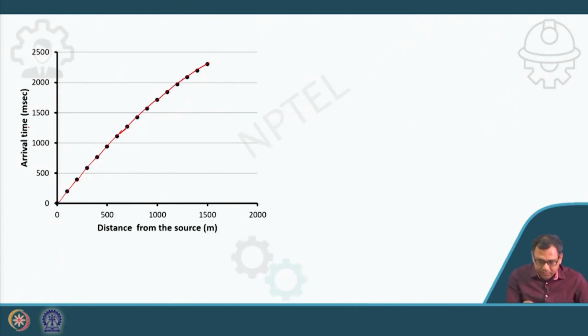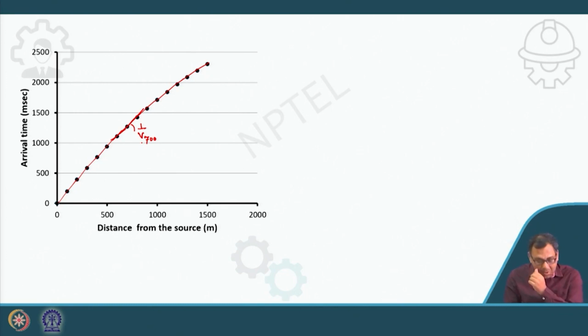What I will do now, what is 700 meter and 1200 meter? This is 100, 200, 300, 400, 500, 600, 700. So here I will take the slope. This will give me 1 by V700.